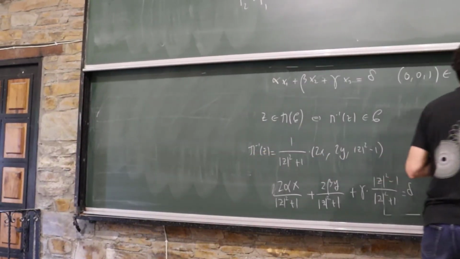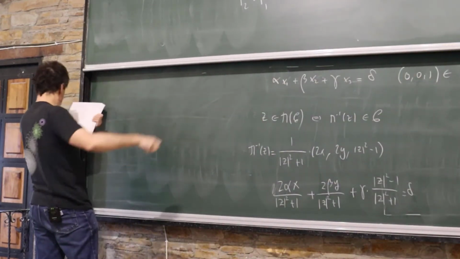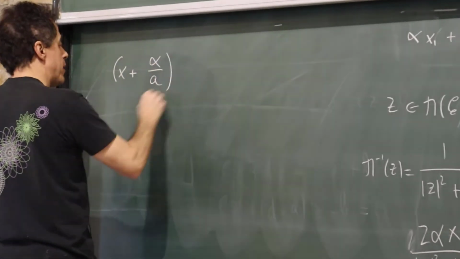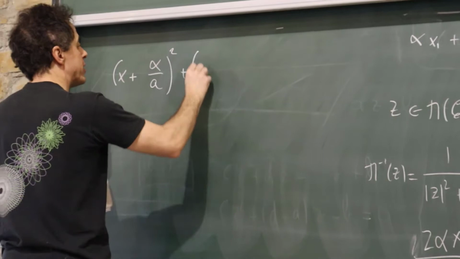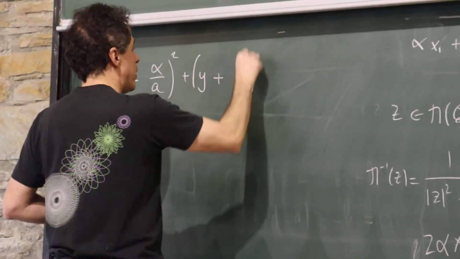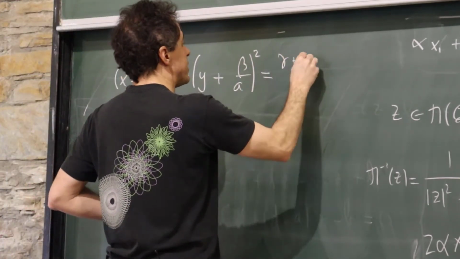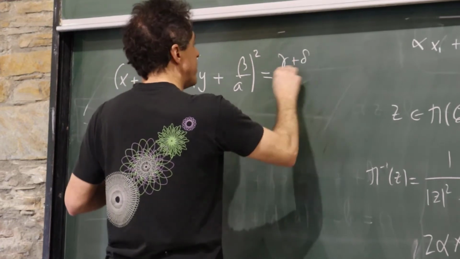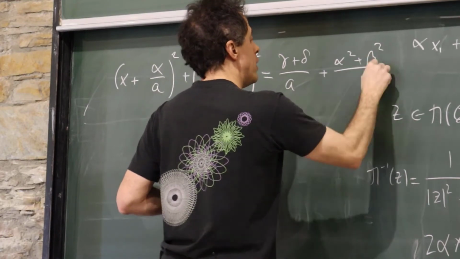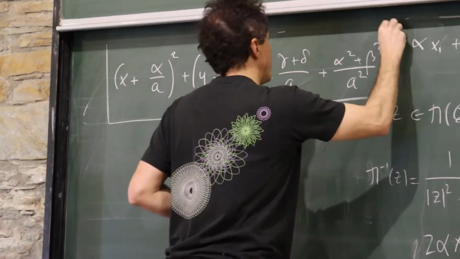If A is not equal to 0, this equation here corresponds to (X plus alpha divided by A) squared plus (Y plus beta divided by A) squared equal to gamma plus delta A plus alpha square in the original equation, beta square A square. It corresponds to this circle.